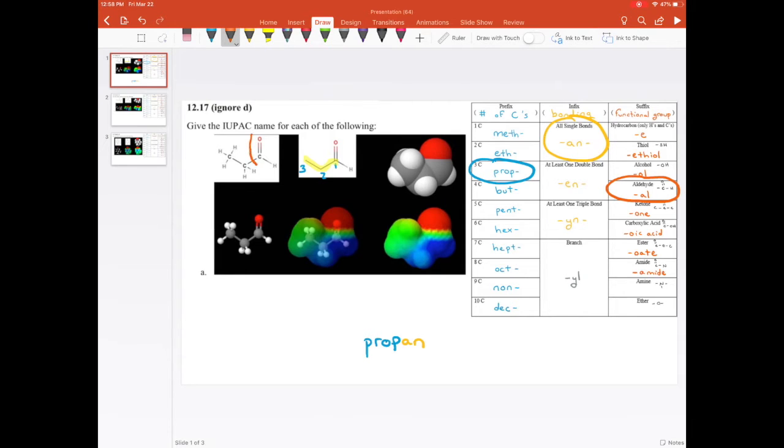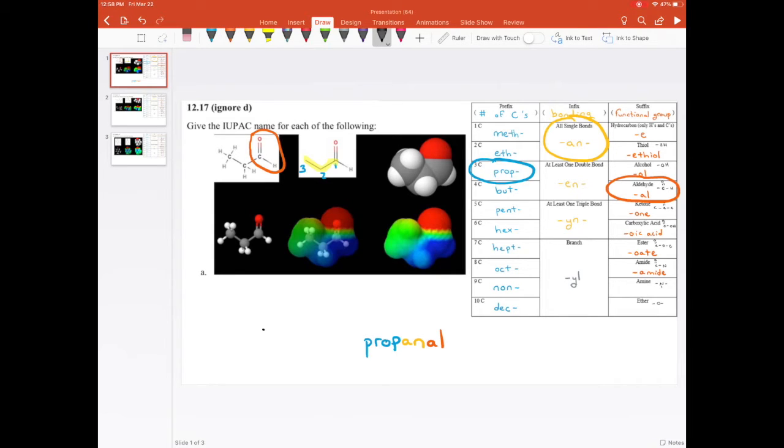So the suffix will be -al. Now for aldehydes, you don't actually have to give the number for small aldehydes. If an aldehyde is the only functional group on the molecule, which will be the case in principles of chemistry, you don't have to give a number for it. It will always be at position 1.